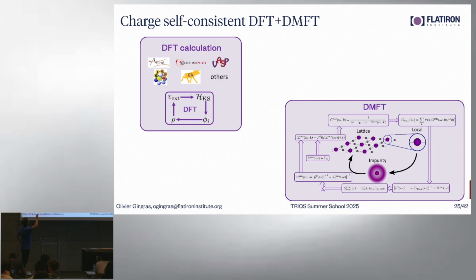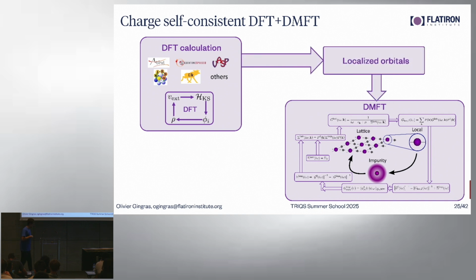So typically you would do a DFT calculation using your favorite code. DFT again is solving this loop, and from it you get the Kohn-Sham orbitals and their eigenenergies. You choose your set of local orbitals and construct them.